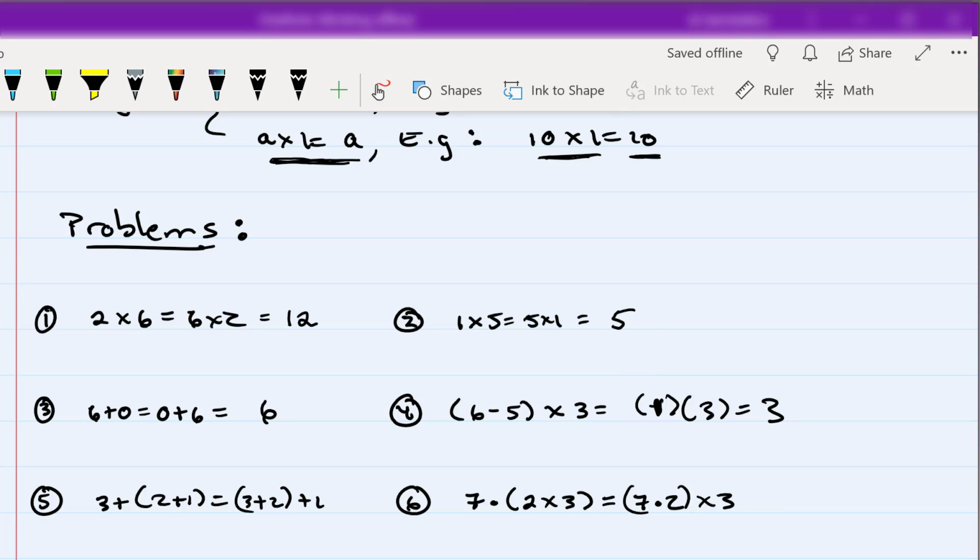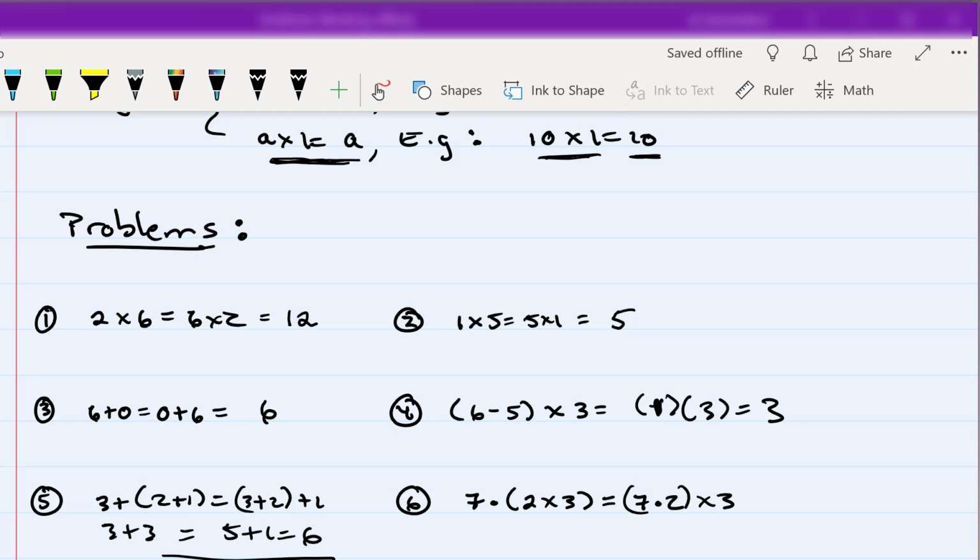Now here, 3 plus 2 plus 1 is just the same as saying 3 plus 2 plus 1. So on the left-hand side, we have 3 plus 3, and on the right-hand side, we have 5 plus 1, which is just 6. So both sides give 6.